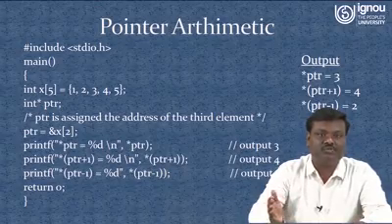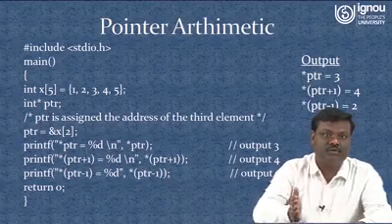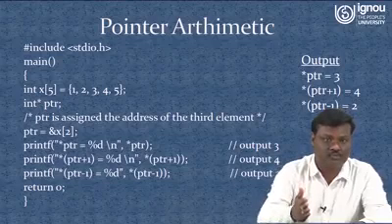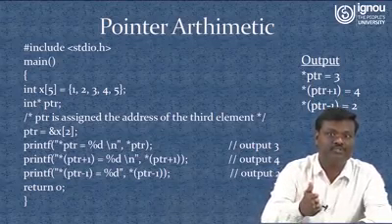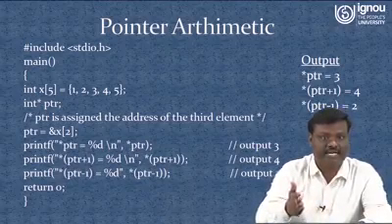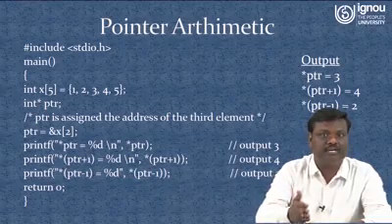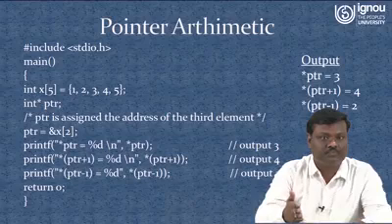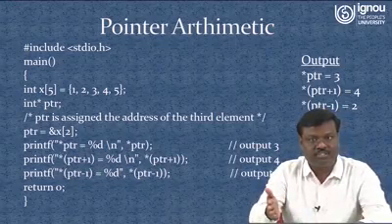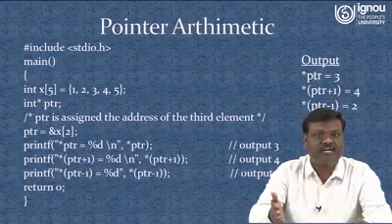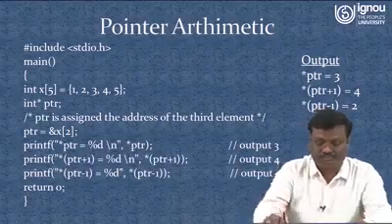Suppose you want to go to the prior position. It is assigned to x of 2, and you want to go to the prior position. So it started with x of 2, it moved by 1 position, and if ptr minus 1 is used, it prints the value 2.